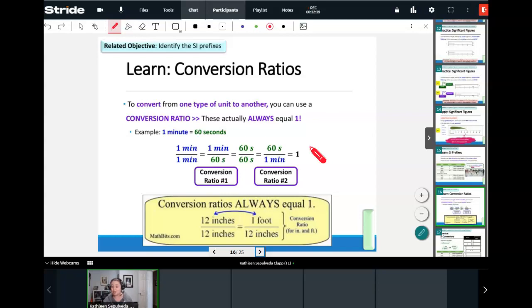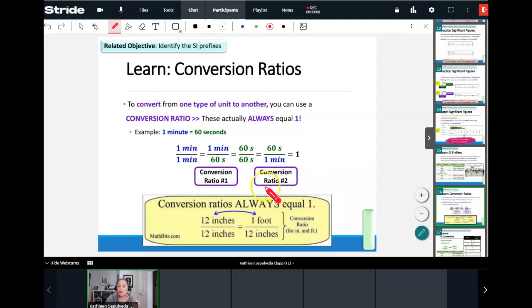These always actually equal 1. For example, 1 minute equals 60 seconds, right? 60 seconds equals 1 minute. They're all going to equal 1, okay? The beautiful thing about conversion ratios is that we actually put it into a fraction. Don't get scared of fractions. Fractions are your friend. They're just simply a division problem. That's it. We'll do a lot of fractions in here, but they're all simply just a division problem.